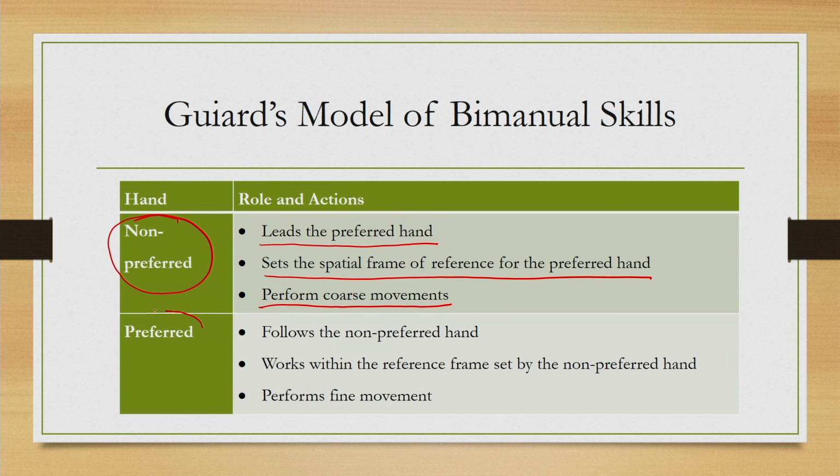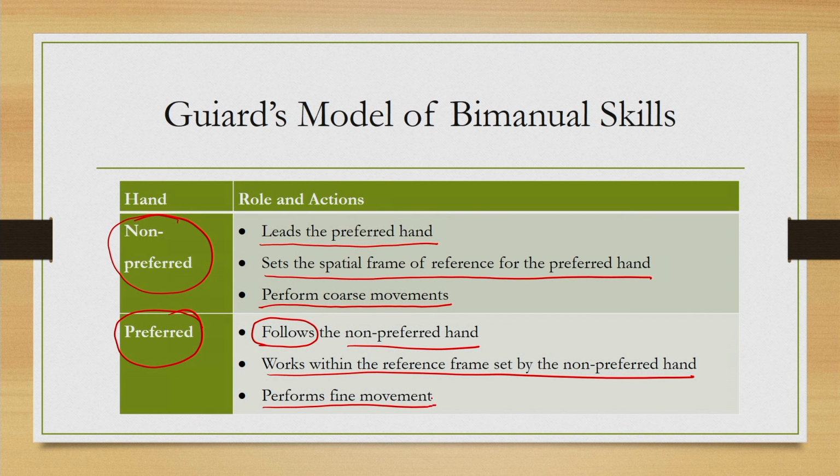When it comes to preferred hand, this preferred hand follows the non-preferred hand and works within the reference frame set by the non-preferred hand and performs finer movements. So, more continuous and large movements.